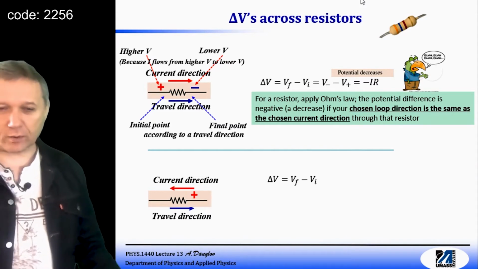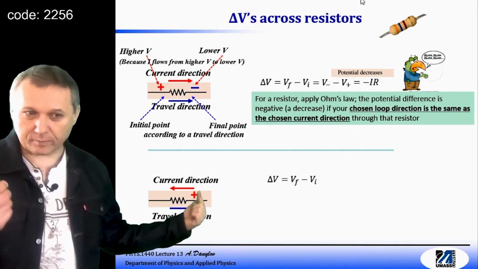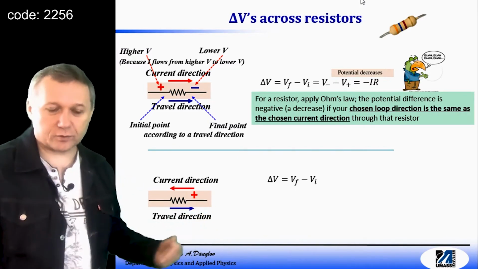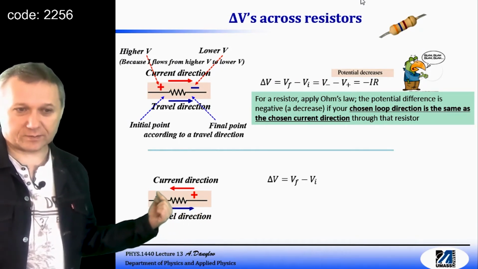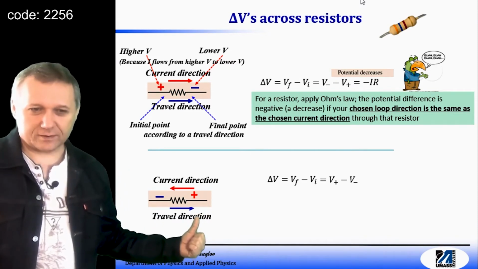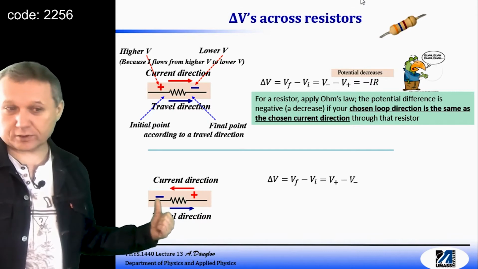Now this is at higher potential because, remember, current flows from plus to minus, from regions with higher potential to regions with lower potential. So this is plus, this is minus, right? So the final point is this, which is at higher potential, and this is the initial point, which is at lower potential.